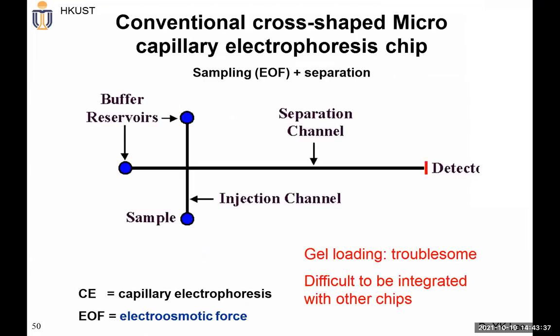Last time we were mentioning this electrophoresis chip. The core chip basically has a horizontal channel for electrophoresis. The vertical one is for metering. With some electro-osmotic flow, you try to inject a certain kind of fluid because you want to do this kind of separation.